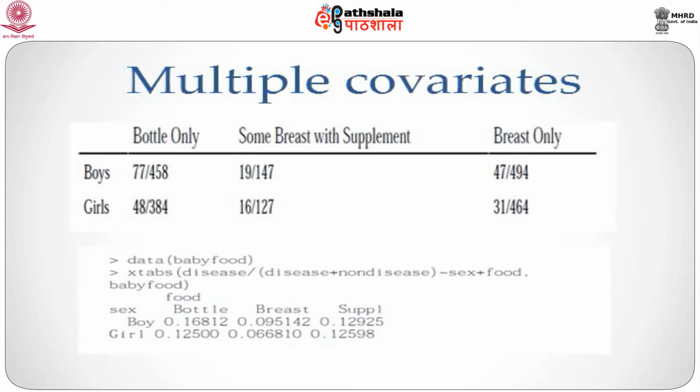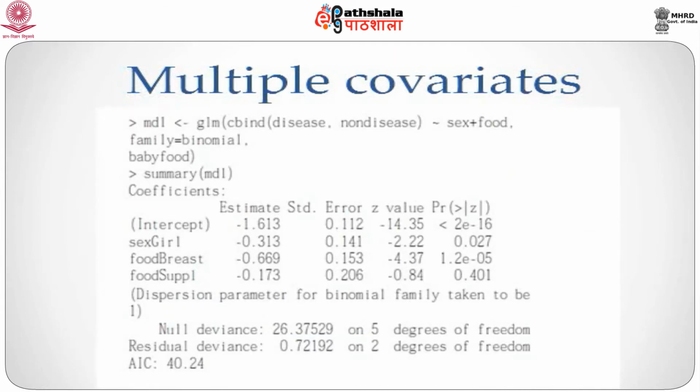So we have called the babyfood data set. Note that this is included in the faraway library in R, and we use the xtabs function to get a table of the data set showing the diseased and the non-diseased in terms of the sex of the child and whether or not they were bottle fed, breastfed, or supplement fed.